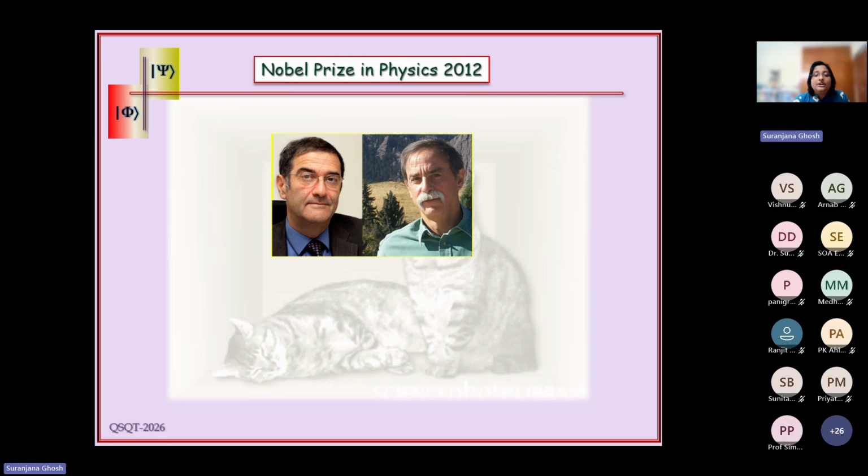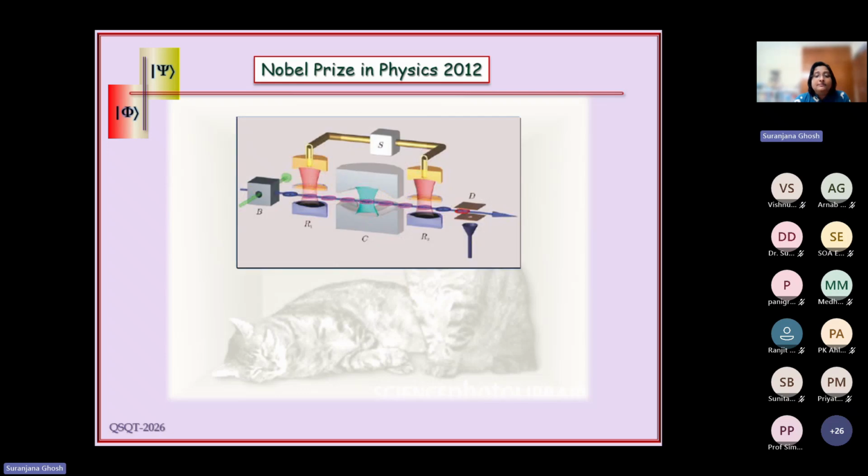In 2012, Professor Haroche and Wineland got the Nobel Prize because of their groundbreaking work. They did the experiment where these Schrodinger cat-like states were experimentally realized in their lab. This is the setup where they trap the field inside the cavity and send some atoms through it, where there is some atom-field interaction.